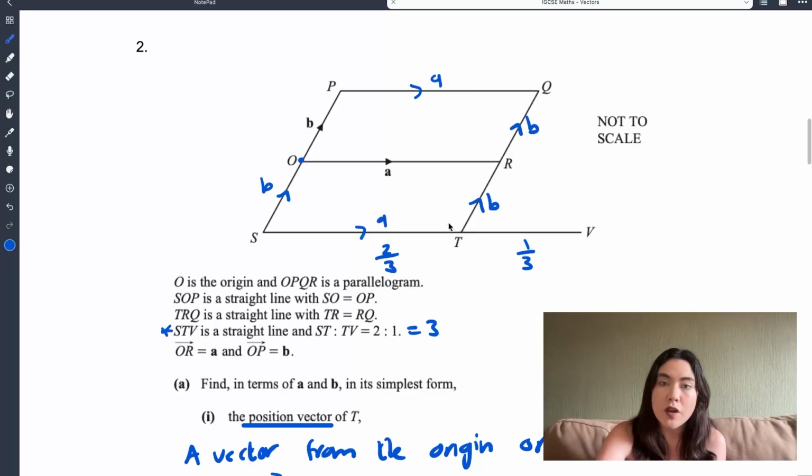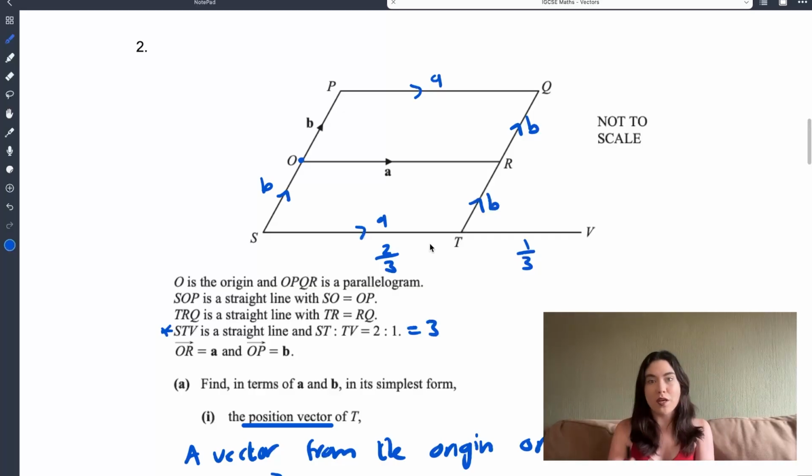Now, we can't go straight from O to T because we don't know how to get there. So instead, what we're going to do is go a different route. Now, what's nice about this is there are 2 different ways we can go. We can either go from O to R and then R to T, or from O to S and then S to T. It doesn't matter.